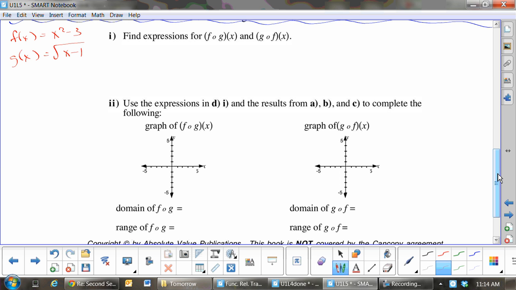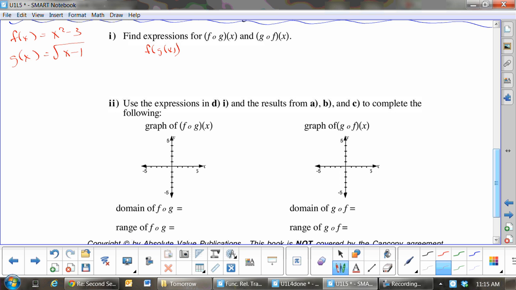Okay, so that's our f of x and g of x we're going to use for these two examples. This asks for two things: f of g of x and g of f of x. So let's do the first one, and I'm going to rewrite it as f of g of x.